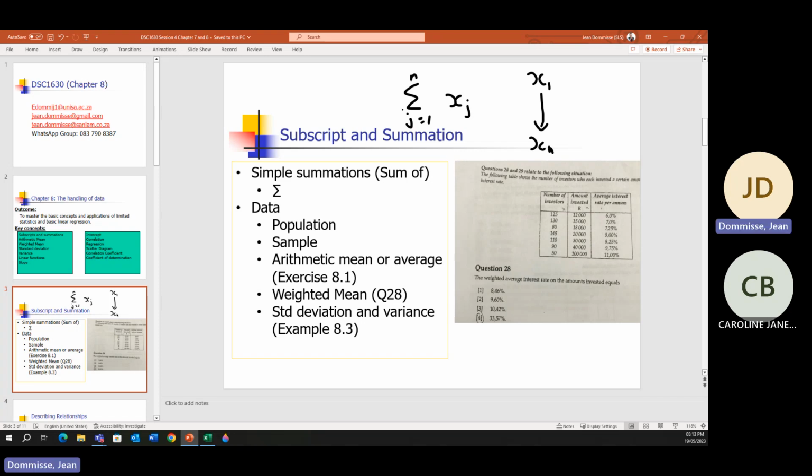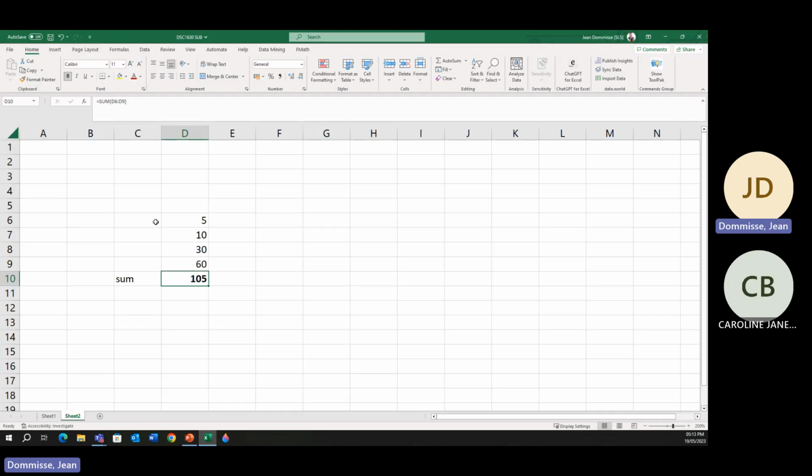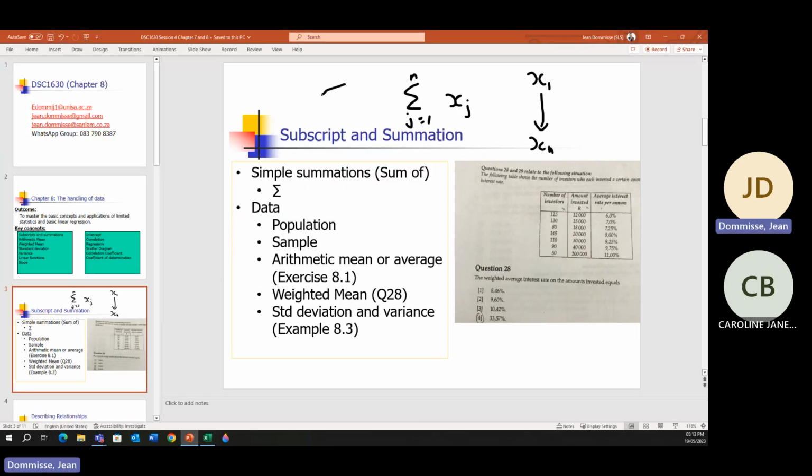So that is just what that summation actually does. So in the Excel, we would have had x1, x2, x3, x4. So our thing would have looked like j equal to 1, xj, and we would have said n equal to 4. So that is basically what it means.